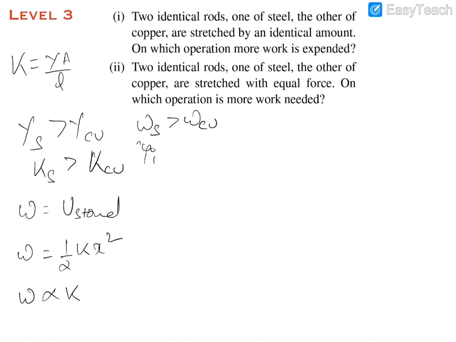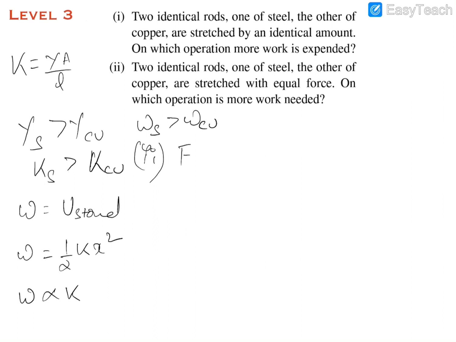Now it's in part 2. It is given that these two identical rods of copper and steel are stretched with equal force. Then we have to find out in which operation more work is required.